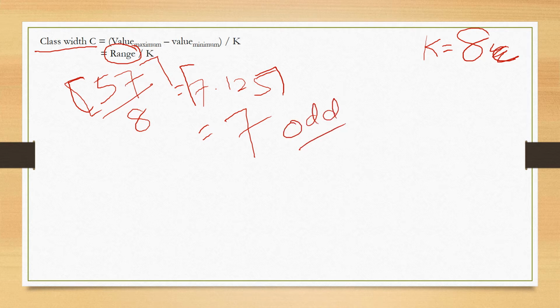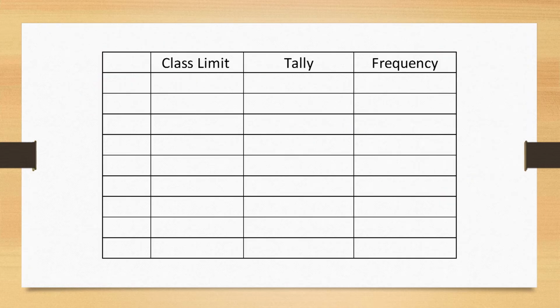We like an odd class width because then our midpoint is a whole number. I will talk about midpoint later in this video. So keep in mind our class width is 7.